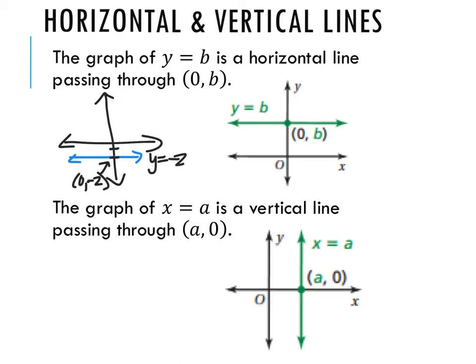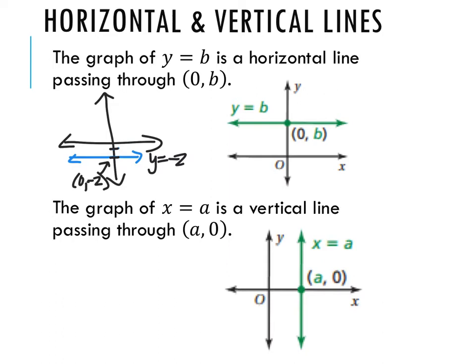Now a vertical line, instead of y equals, it is x equals a number. And again, that vertical line is going to go up and down. It goes through the x-axis, whereas the horizontal line goes through the y-axis, never going through the x-axis unless it is the x-axis, which is also a horizontal line.